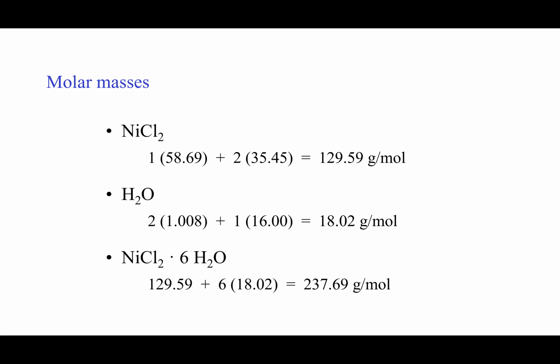For the whole thing, the molar mass, I just went ahead and picked up 129.59 plus 6 of our waters, 6 times 18.02. So for 1 mole of the hydrated salt, you're looking at a molar mass of 237.69 grams per mole.